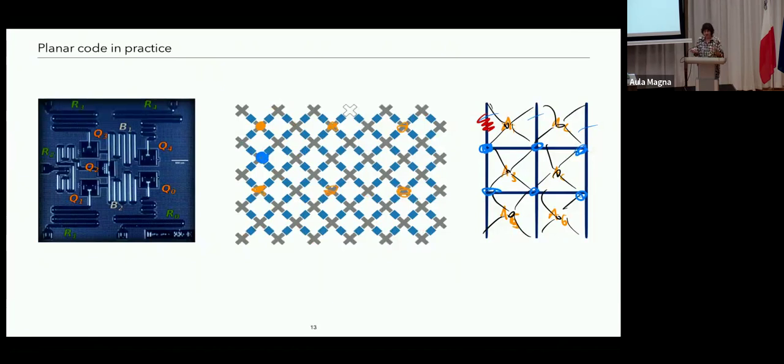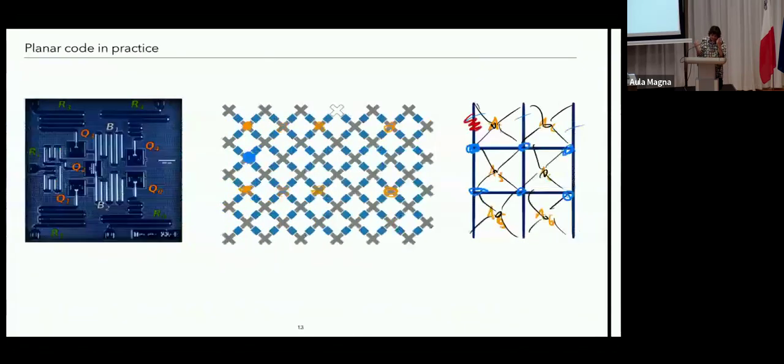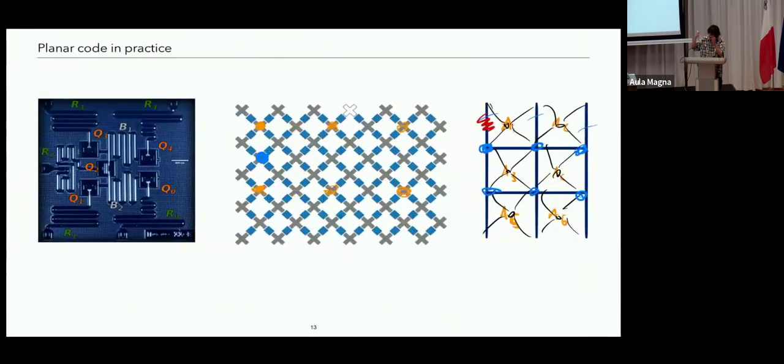For each code, you can define a Tanner graph, which means I put one vertex for each bit and one other kind of vertex for each check, and I see the connections between them. Given the parity check matrix, for each row you define a check.